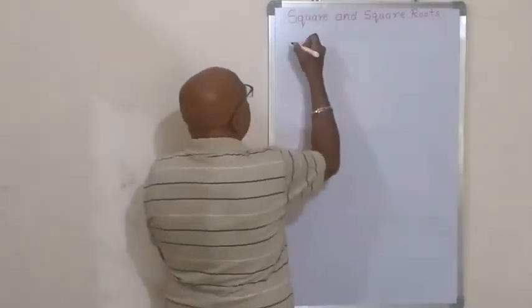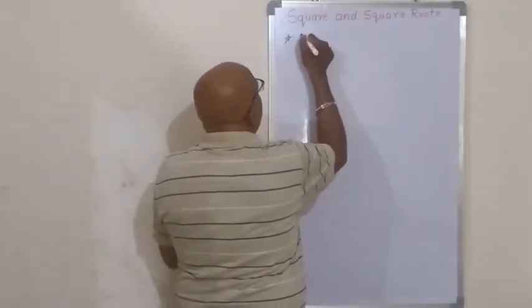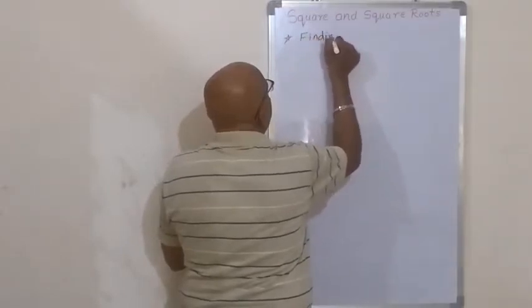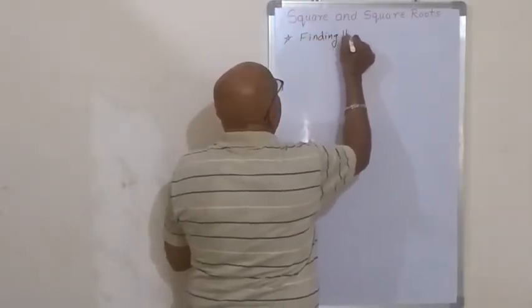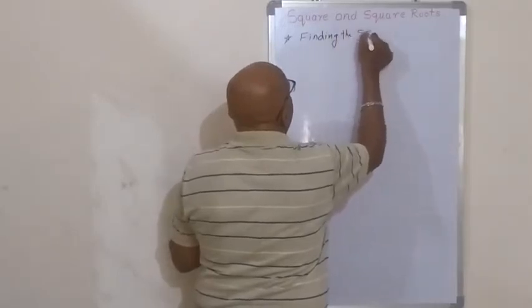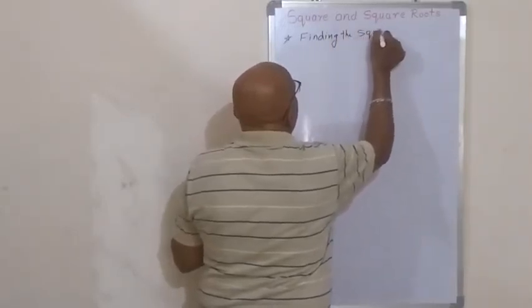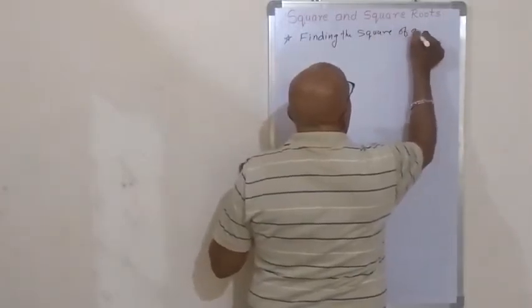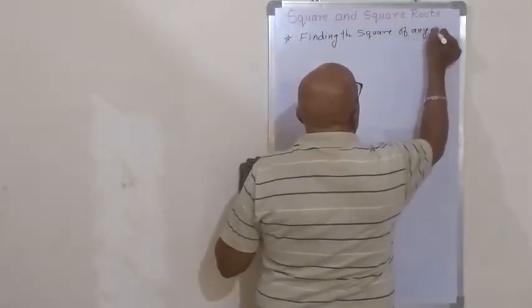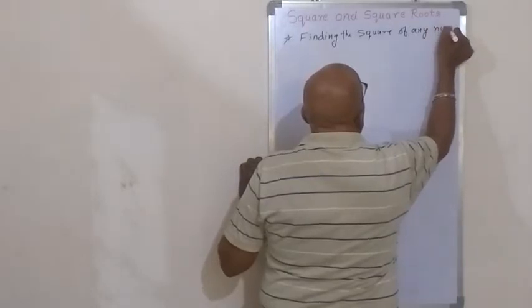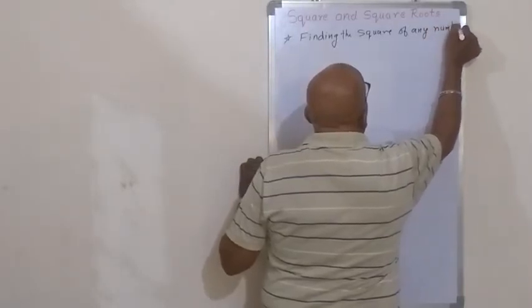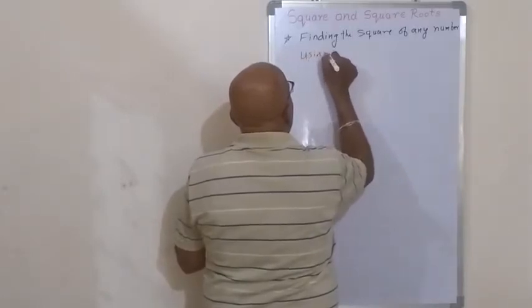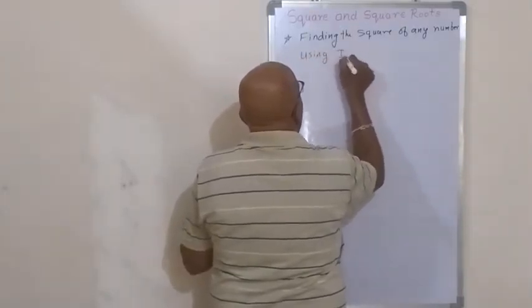So I will write here, finding the square of any number using identity.